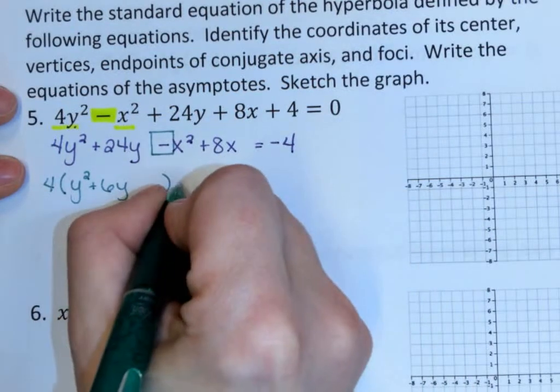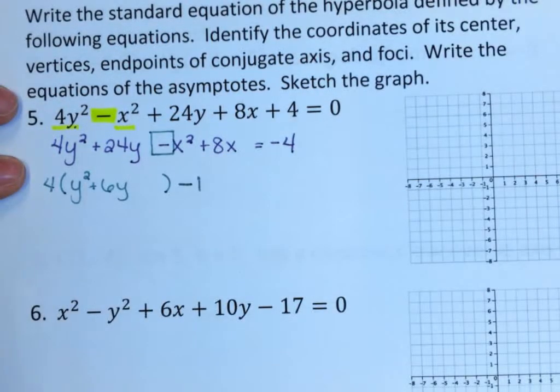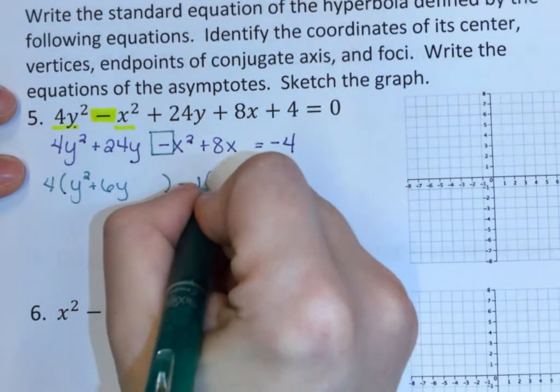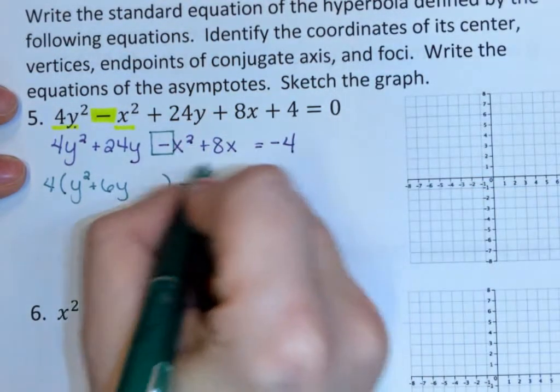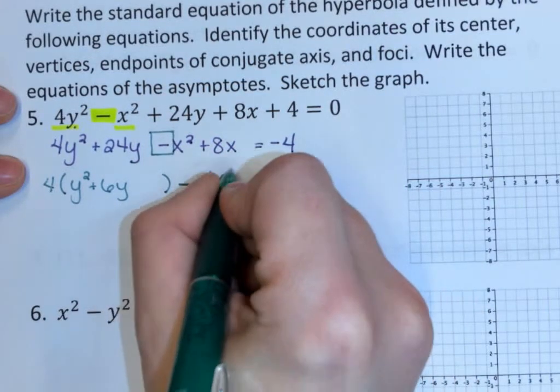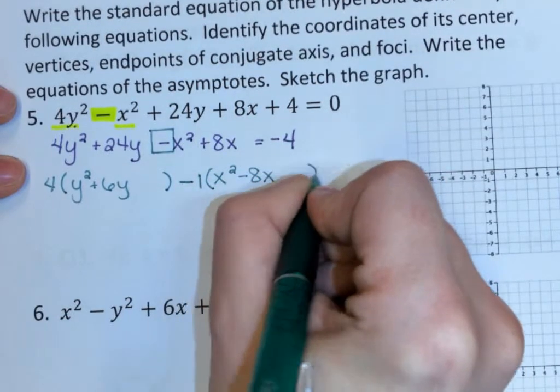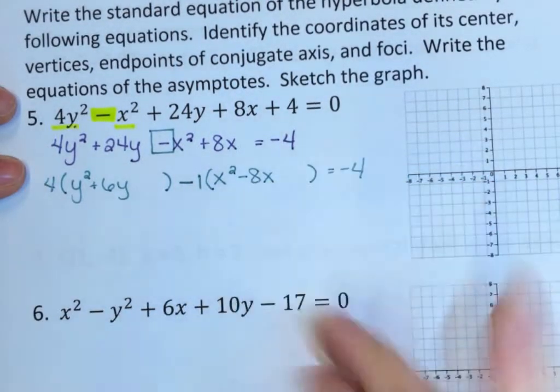I am pulling out a negative, and technically it's just a 1 there. So you can write it or not, it's up to you. When I take my negative 1 out, what will this stuff become? X squared minus 8x. Again, I'm going to leave a space.